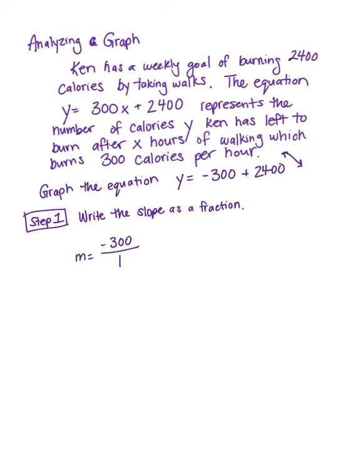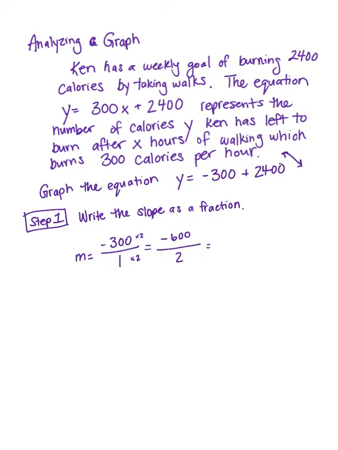Okay, so we also want to write a couple equivalent fractions. So I'm going to multiply the top by 2 and the bottom by 2. So now I have negative 600 over 2. And then I want to find one more value because I will need some points to plot.